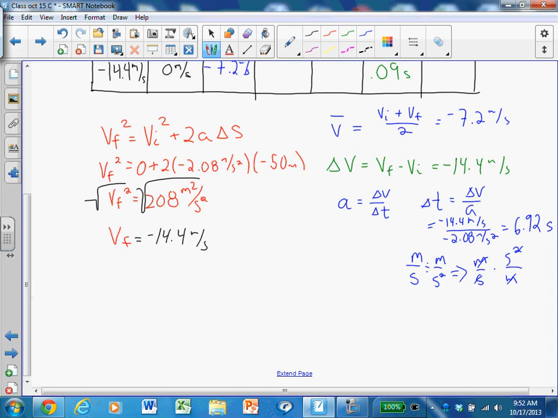Taylor? Okay, good. So delta S would be V bar times delta T, which would be minus 7.2 meters per second times 0.09 seconds.